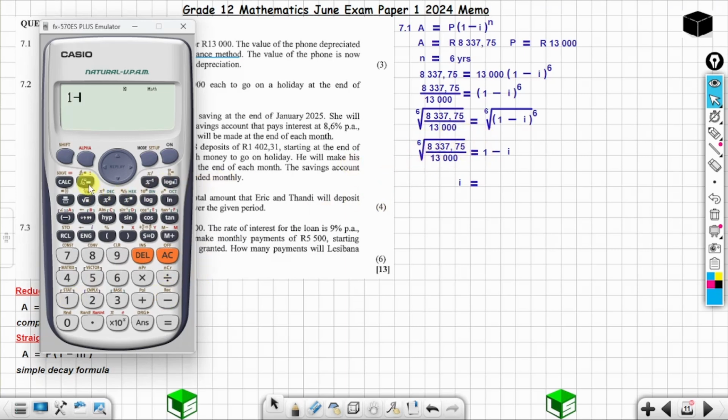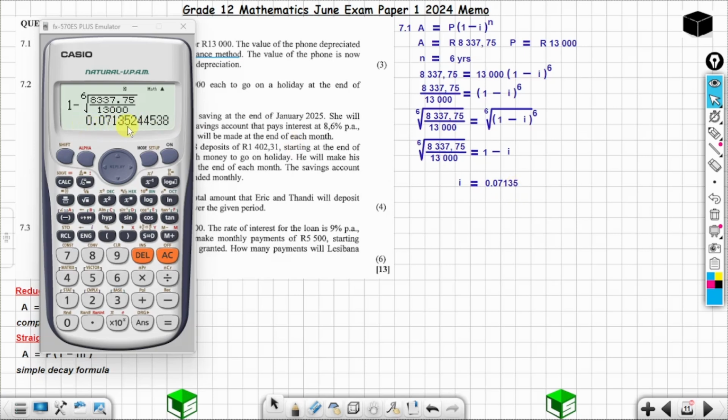1 minus this. You are going to have 0.07135.